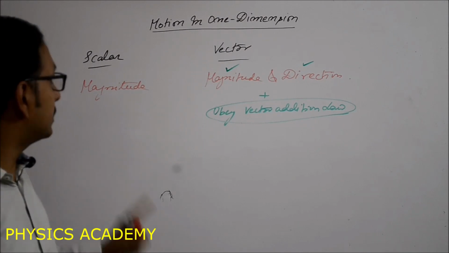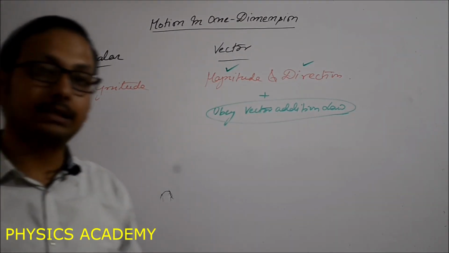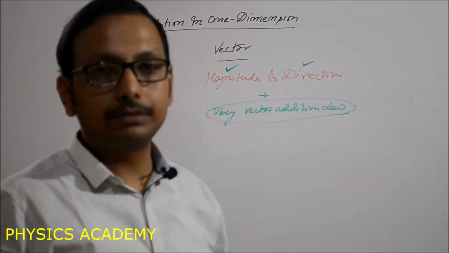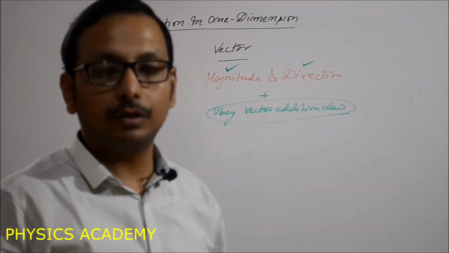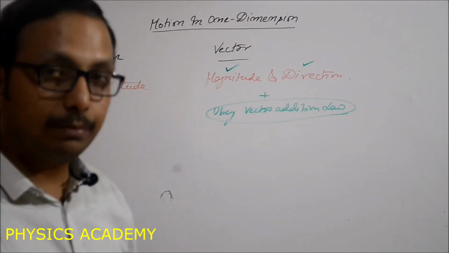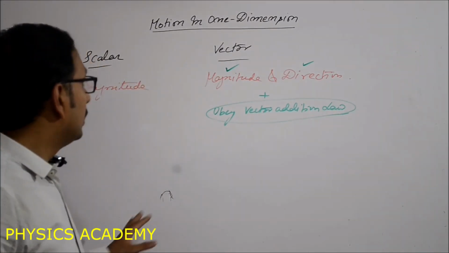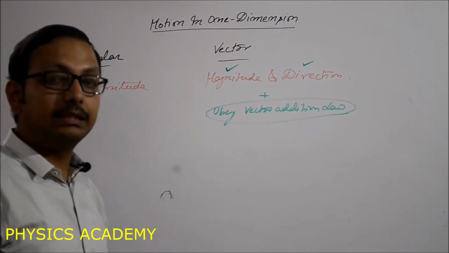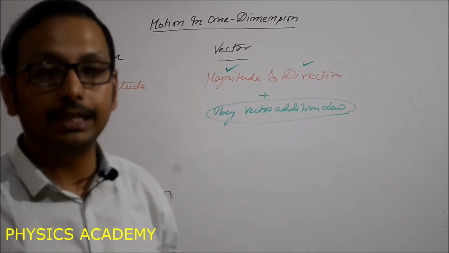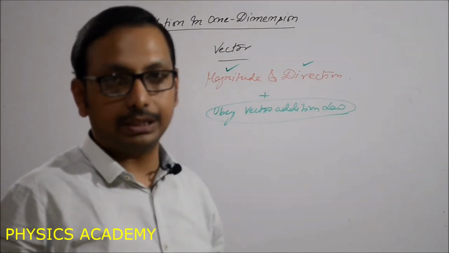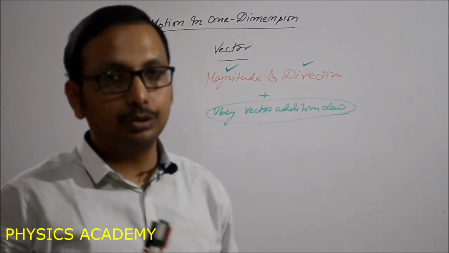Now I'll ask you one question, just think of it, and in my next video, or if I get some questions from your side, if you cannot answer, let me know. What type of quantity, whether scalar or vector, is electric current? If you say scalar, you need to give me the reason.